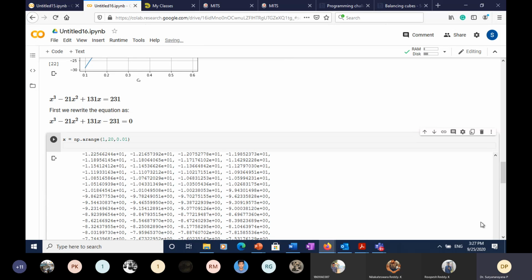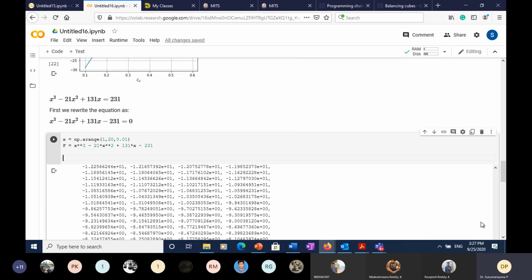Then I'll create my function: x cubed minus 21 times x squared plus 131 times x minus 231. That's my function value.